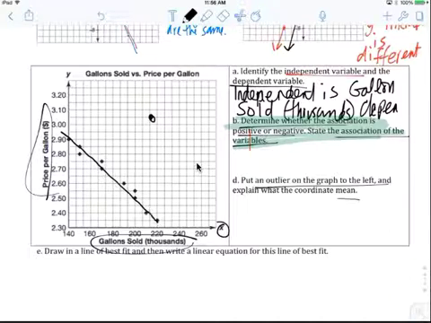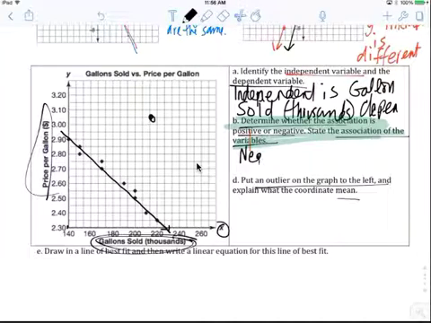Not a good line. Okay, it is going down. This is a negative association because as price comes down, the more gallons are sold.